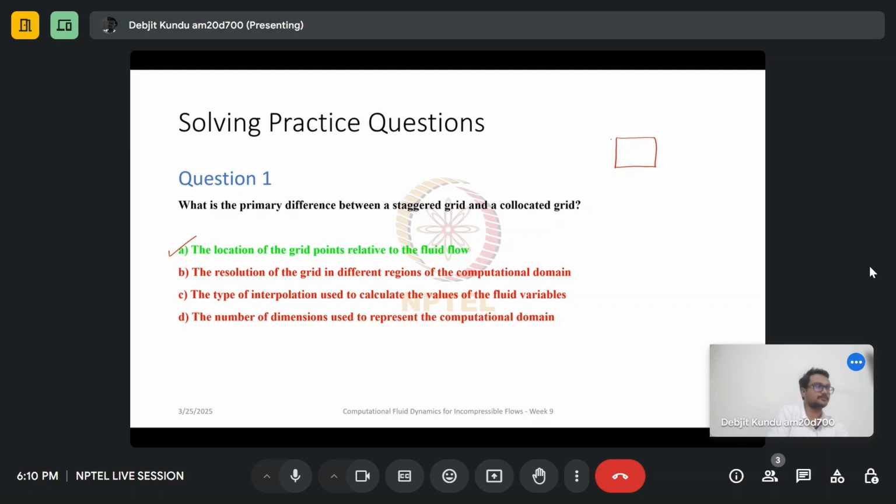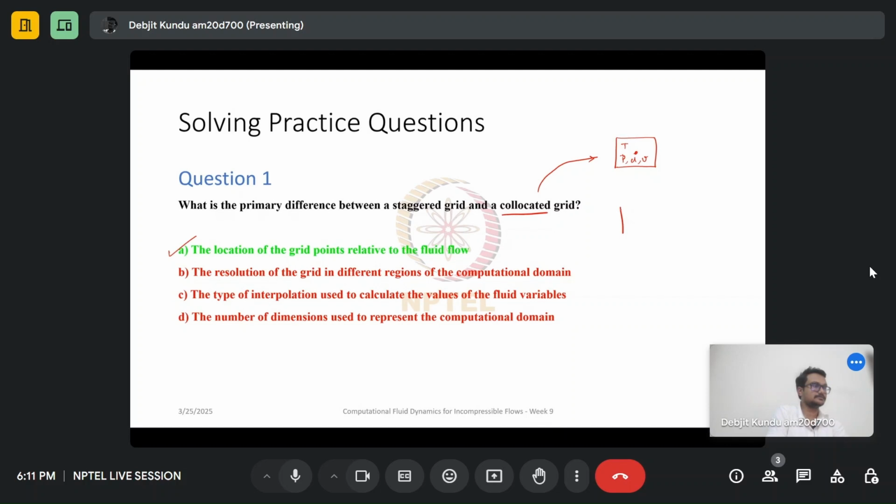So a co-located grid is something like this, where in each cell, in the cell center, all the values, the pressure, velocity, and even if you are solving for temperature and things like that, they are all located in the same location in space. That's why it's called a co-located grid.